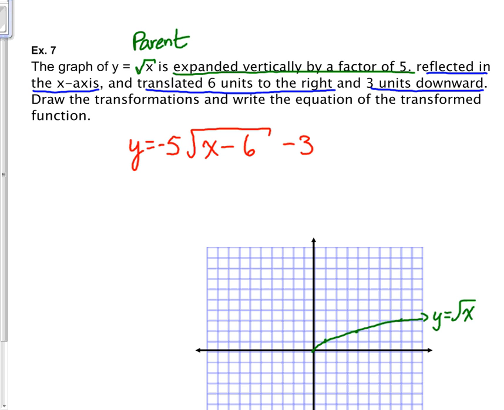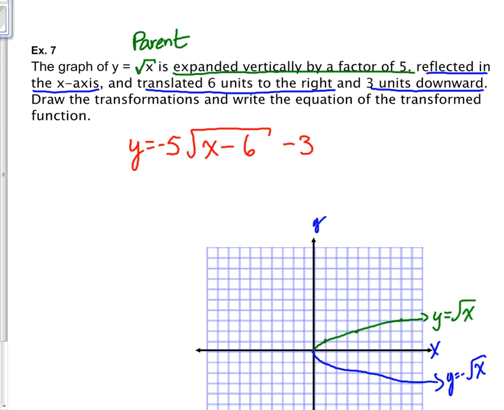Y is the square root of x. The first thing that I'm going to do is reflect that across the x-axis, which is the ups are downs and the downs are ups. So I have one that goes underneath. And crooked though it may be, it is a vertical reflection.